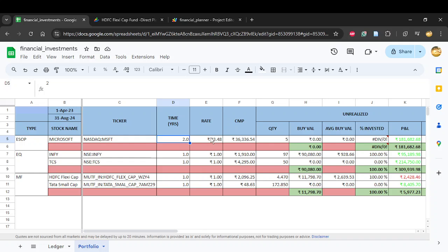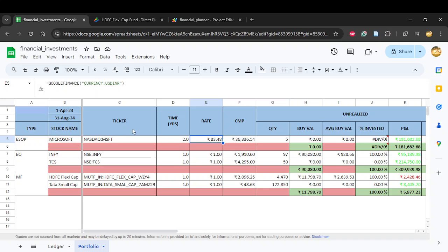Now in the rate column, some of the stocks that are listed in the foreign exchanges, we will be getting their price in foreign currency. So here I am converting the foreign currency into the equivalent Indian currency. So I need to know the exchange rate of that currency.